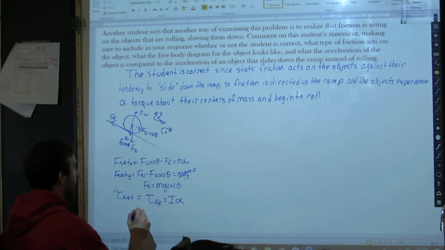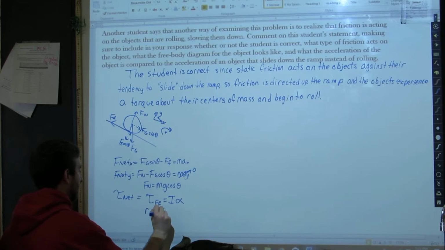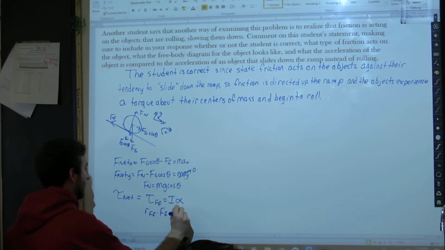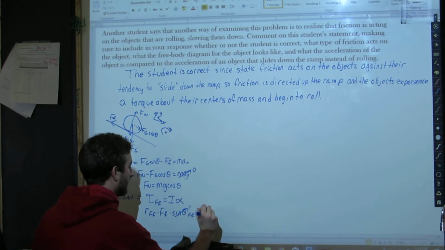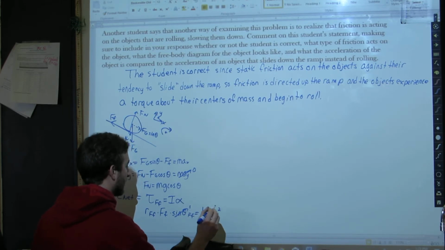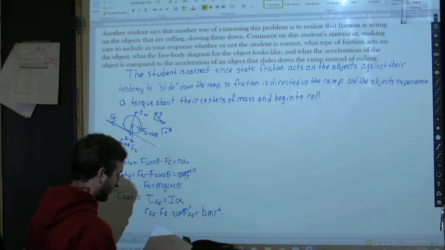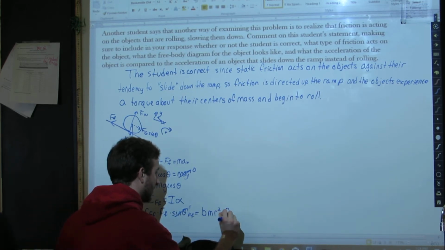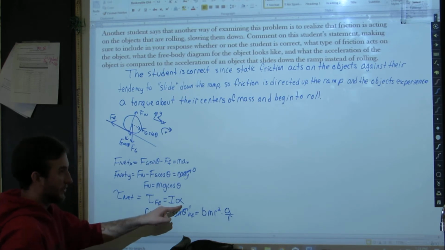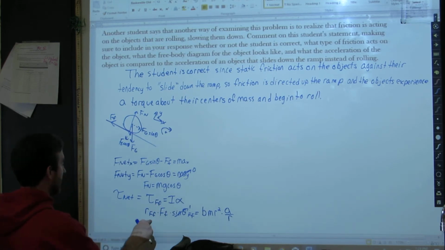So this would be R times FF, the force of friction itself, times sine theta for this force, which is 1, equals some coefficient b times mr squared times a over r, that being the substitution for alpha.